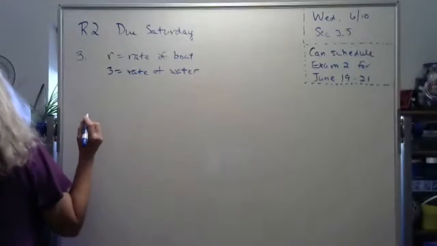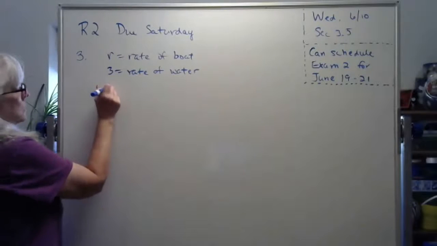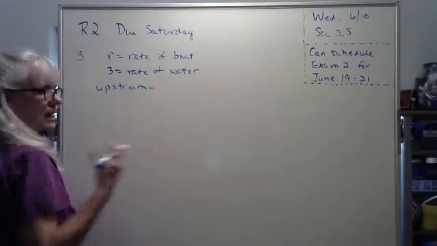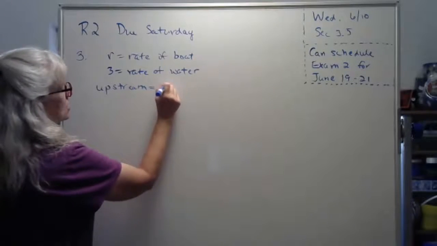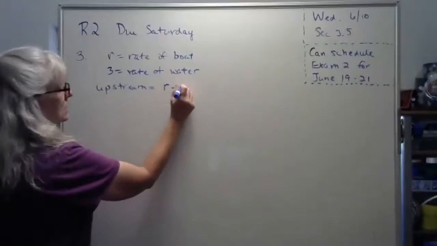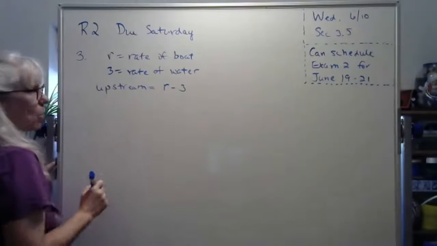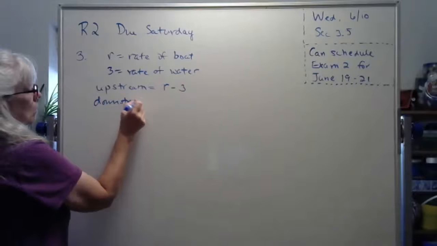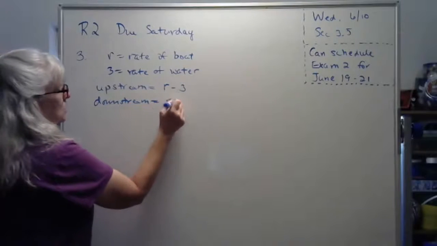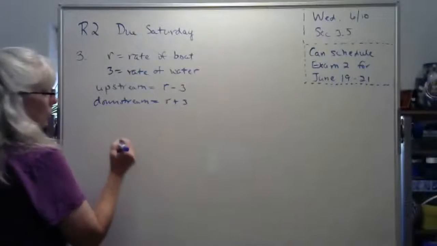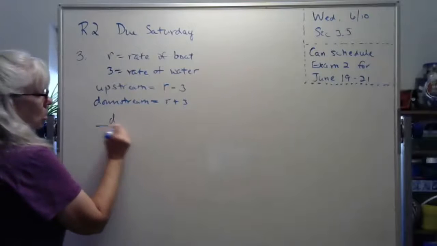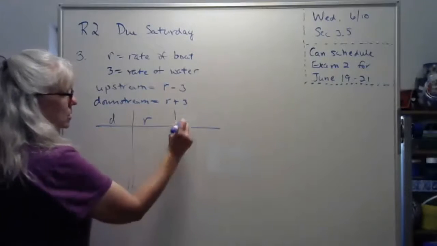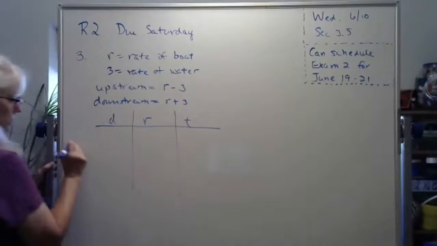If we're going upstream, that water is fighting against us and slowing us down. So we're going to take the boat's speed and subtract off the speed of the water. And if we're going downstream, we get to add that on because it's pushing us along faster. Then what we're going to do is make that little chart that we had used clear back in chapter 1 when we did this section 1.7.